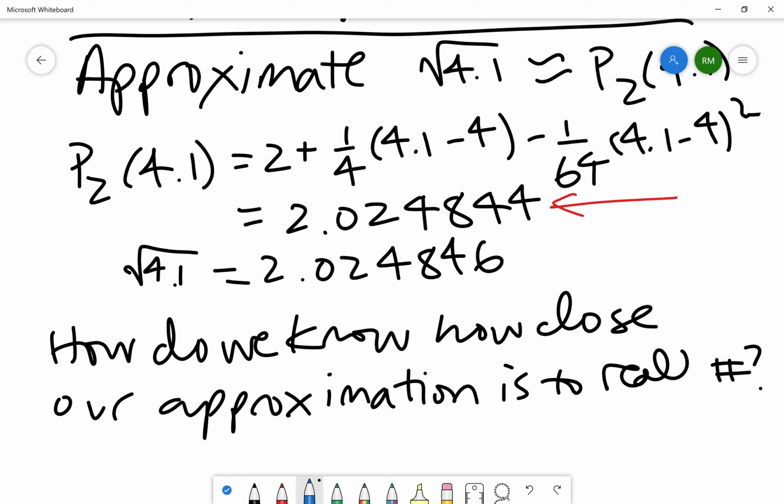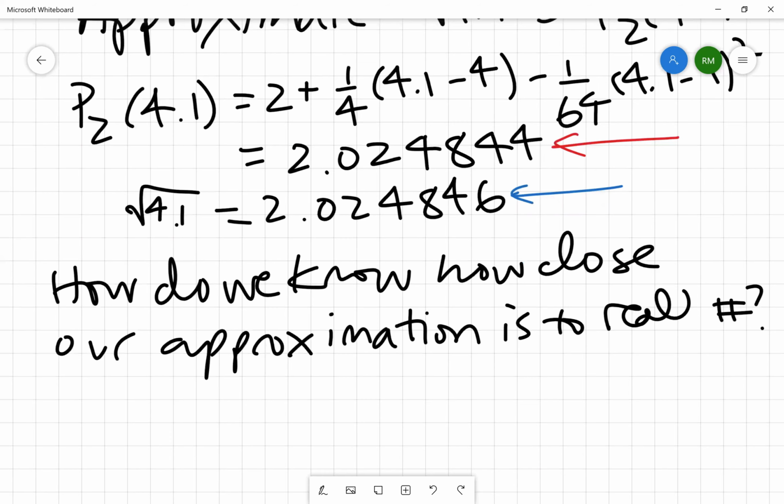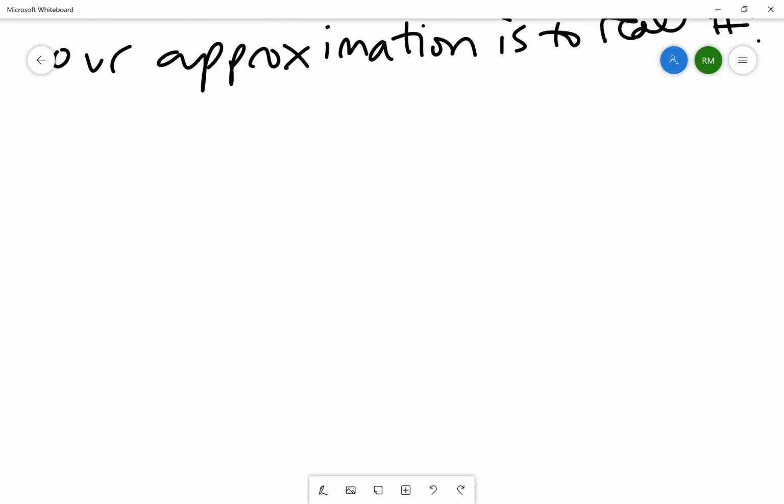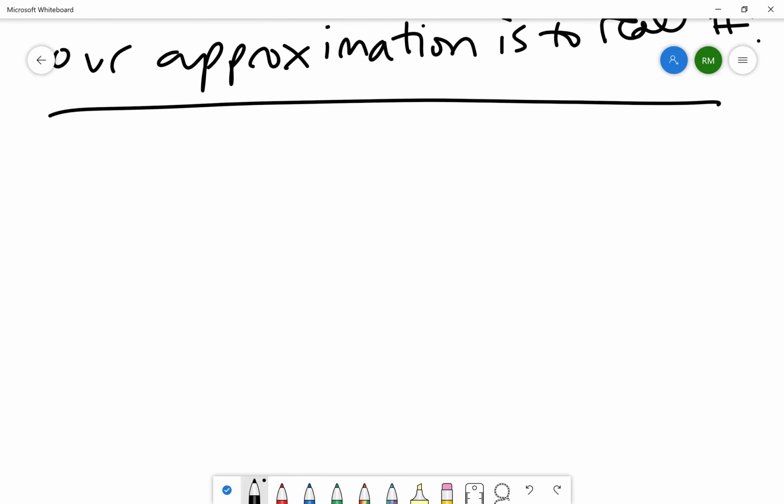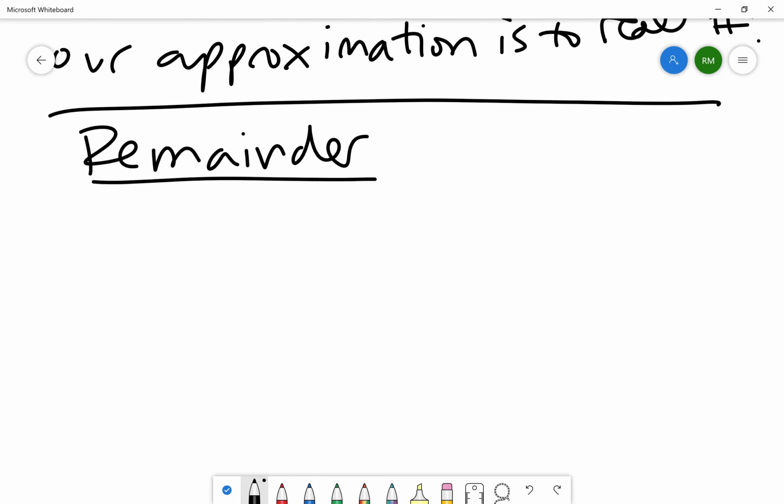Your computer calculated the number I'm pointing to in blue. However, how did your calculator know that was the right answer? That is what we're going to talk about now with the remainder of a Taylor polynomial. So there's a theorem that's going to tell us how close we are. So we have to introduce the concept of a remainder. And you'll see why it's called a remainder very soon in a couple lectures.